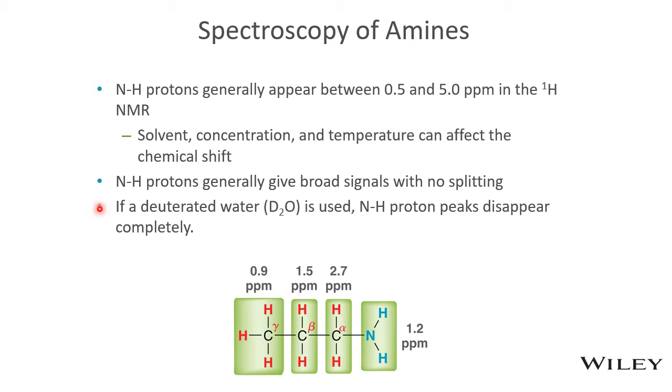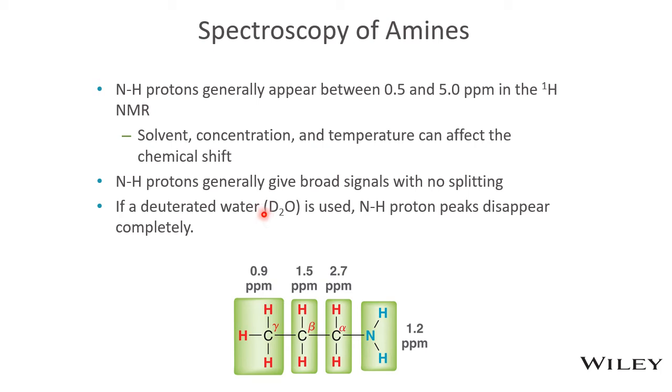Now, if deuterated water is used as a solvent, and deuterated water is when the hydrogen in H2O has been replaced with its isotope deuterium, in this case, these deuterium atoms can exchange with the H's on the amine, and eventually the D is going to replace the H. Now, since deuterium has an even mass number, it's not detected by the NMR machine.